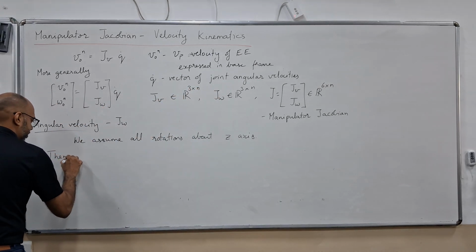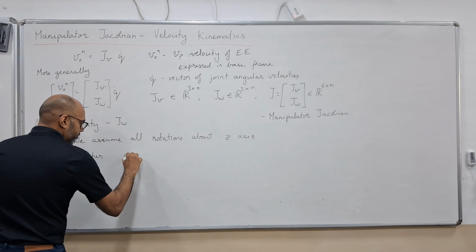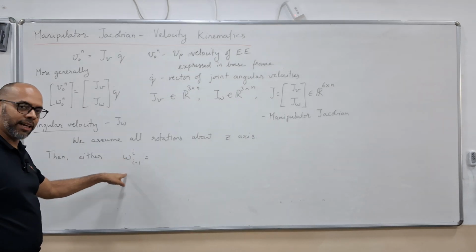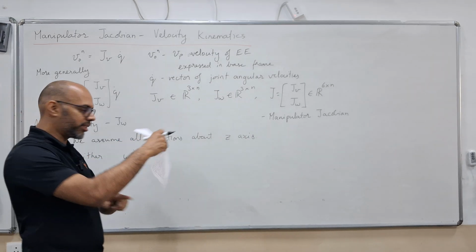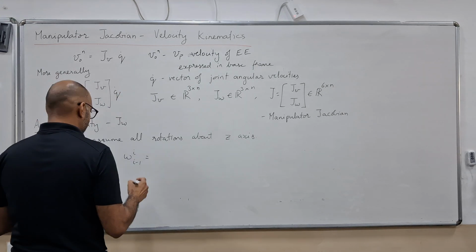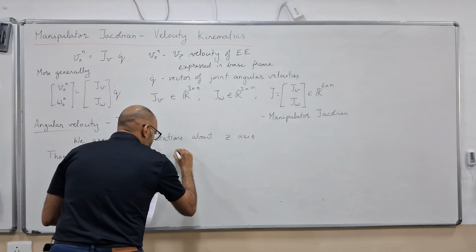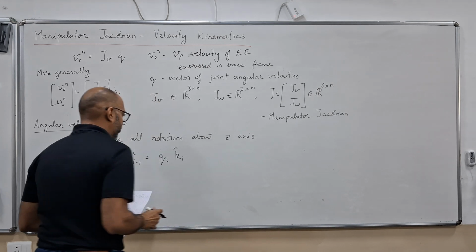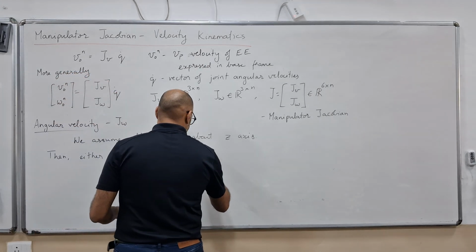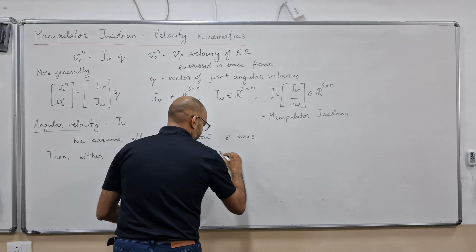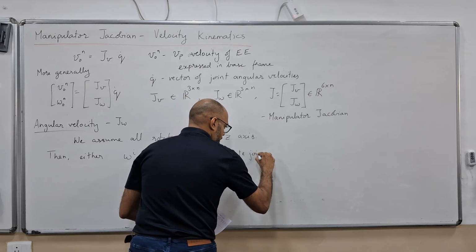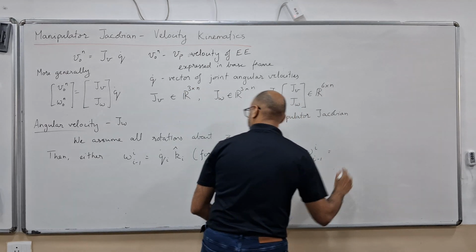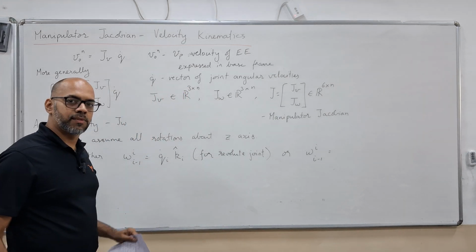With this assumption, then either the relative angular velocity of link i with respect to link i minus 1, so at each joint the angular velocity that you see is either qi dot times k hat, and if you want to be more specific, you can say ki hat, for a revolute joint, or in case of a prismatic joint, angular velocity will just be 0.